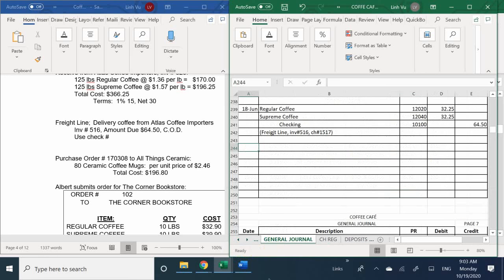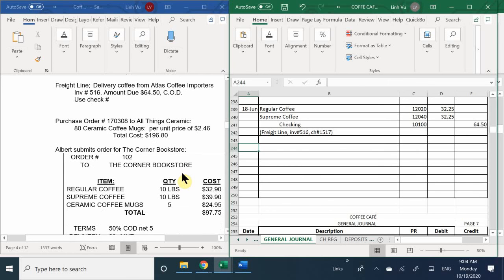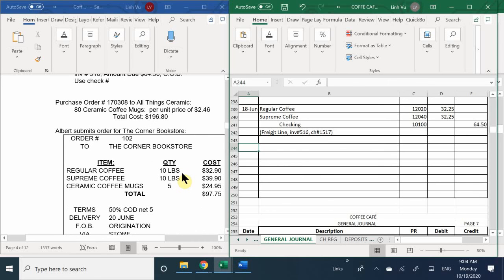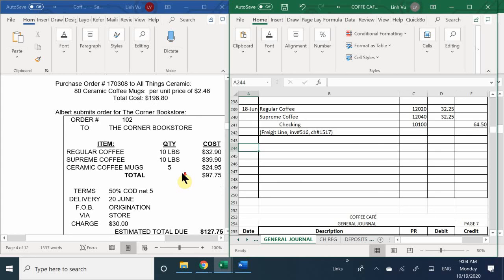No. Good. This is called a non-cash transaction. Actually, this one doesn't belong. There's no transaction happening, so that's why we're not recording it, right? So what happened next?